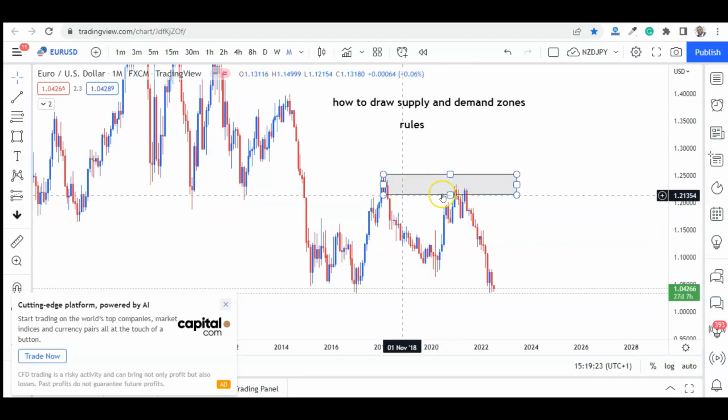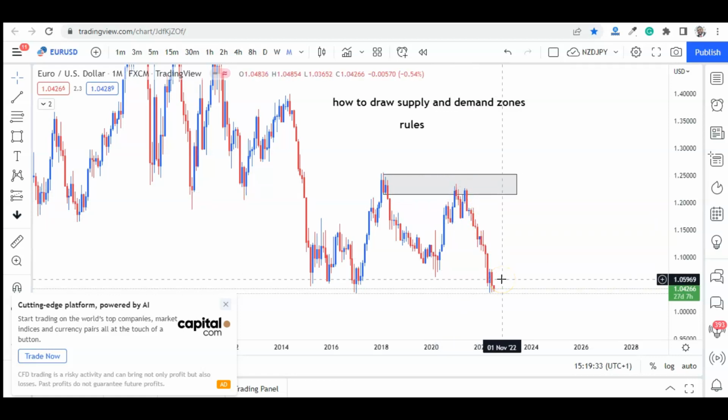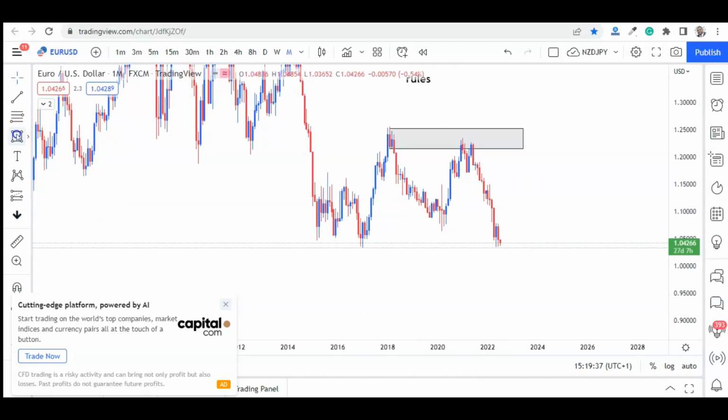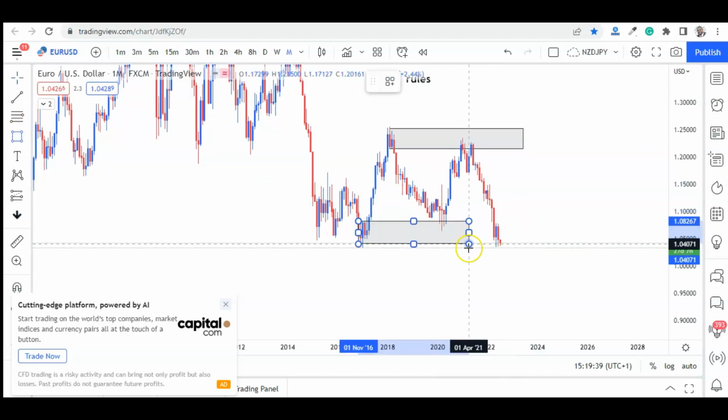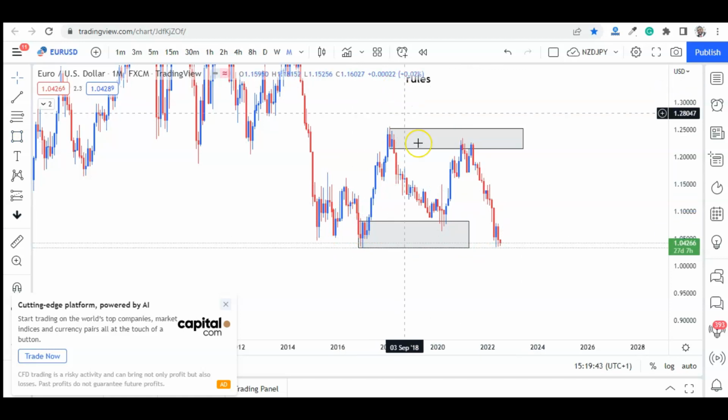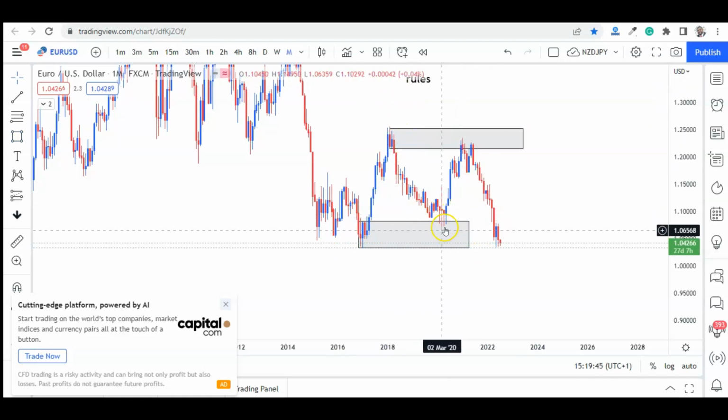So that when price comes back to it, it is untested, it is unmitigated. So when price comes back to mitigate it, you can expect a reaction. That is all about supply and demand. Demand zones, same thing, are zones where orders came in to push price to the upside, and as you can see, price came back in here and then we have a push.